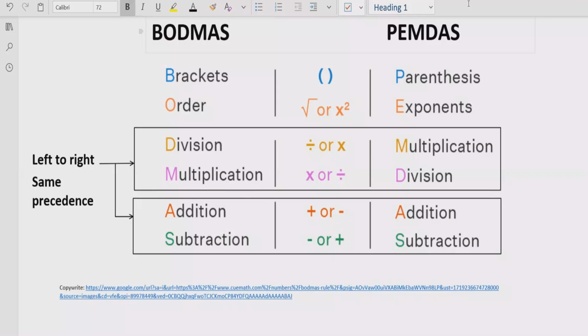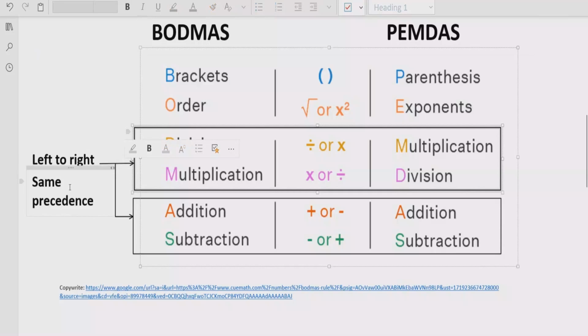After that, you go through your expression left to right and find division and multiplication. Either you are using BODMAS or PEMDAS, you go left to right and see which comes first.